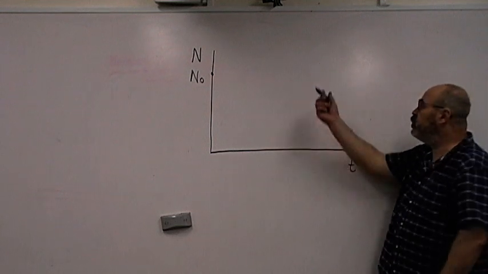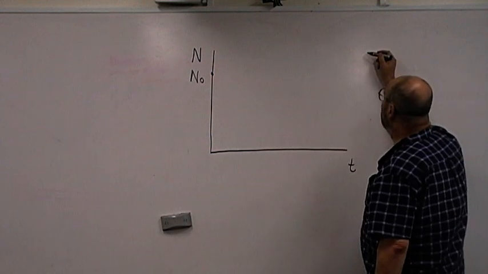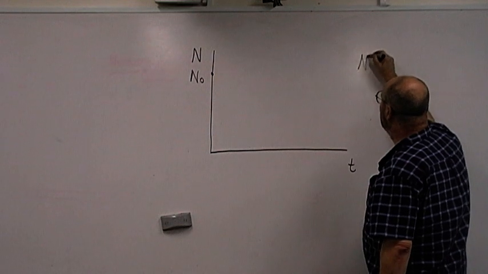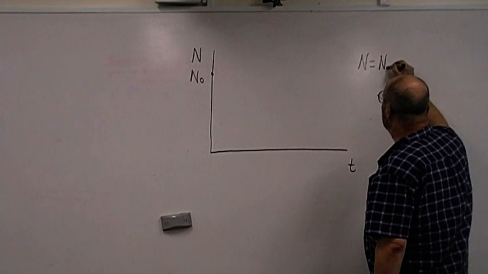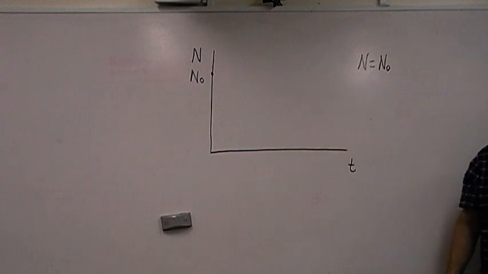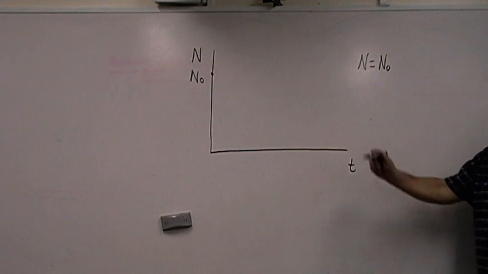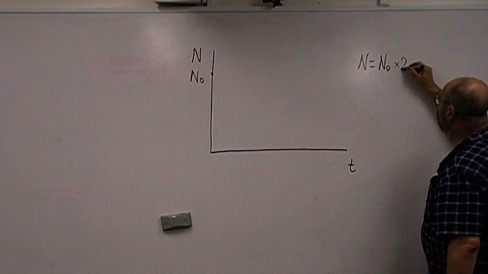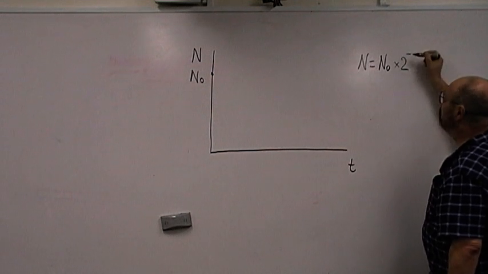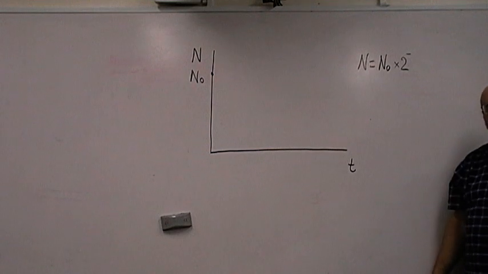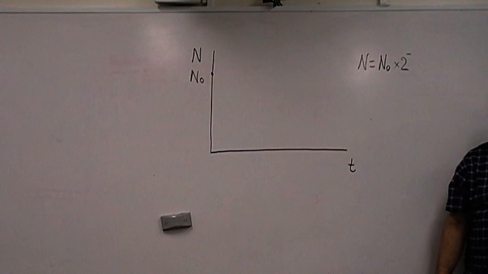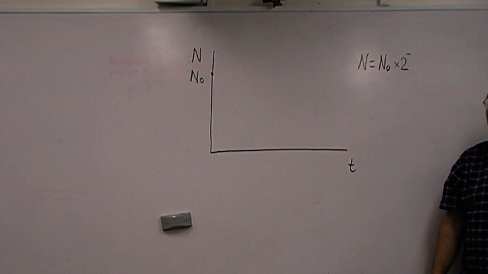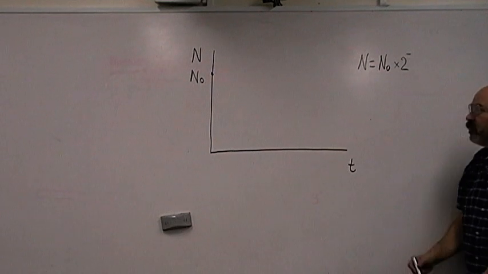So the number that's left undecayed, N, equals the initial number, how many we have at the beginning. We need to divide by 2, so we times 2 to the negative 1 after 1 half-life. After 2 periods, times 2 to the negative 2, divided by 4.